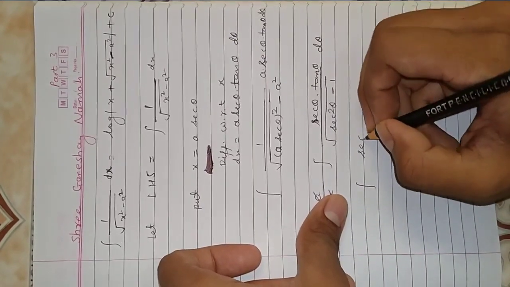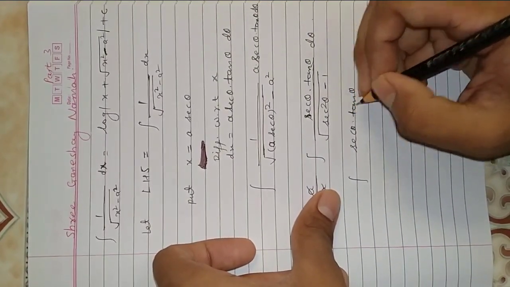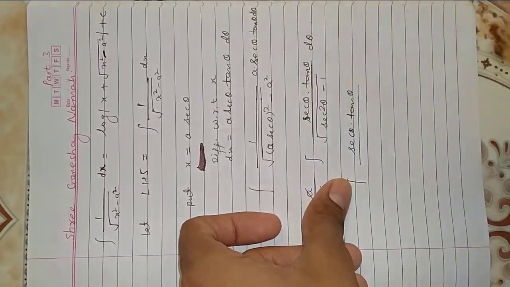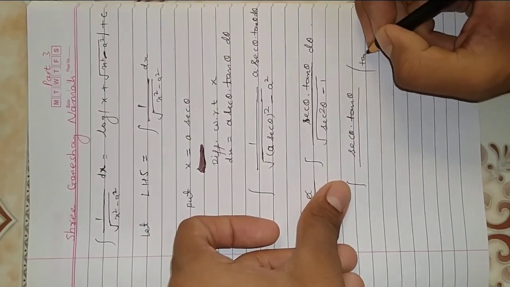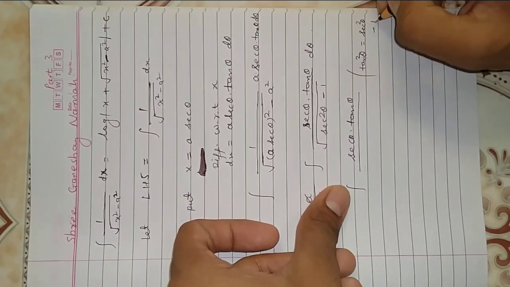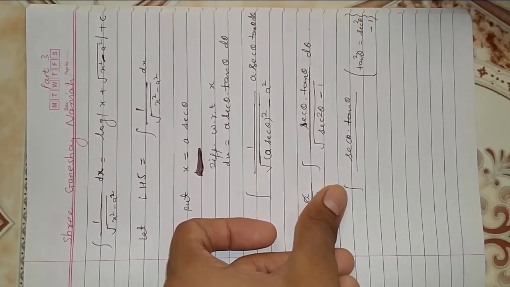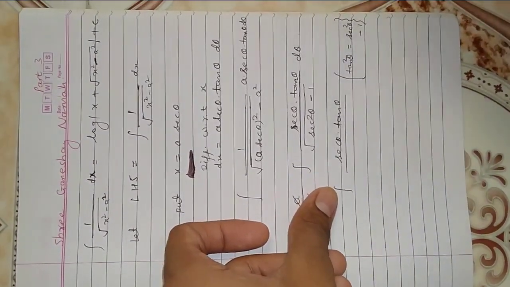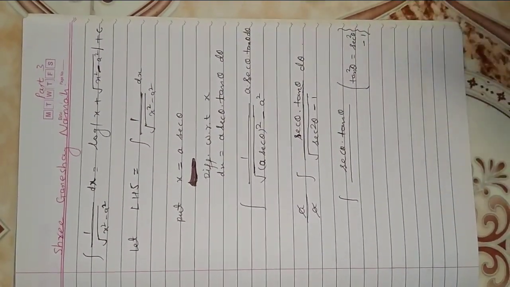Do you remember the three identities I talked about earlier? I will write them here. If you know 1 plus tan square equal to sec square, and you rearrange the terms on both sides, you will get tan square equal to sec square minus 1.